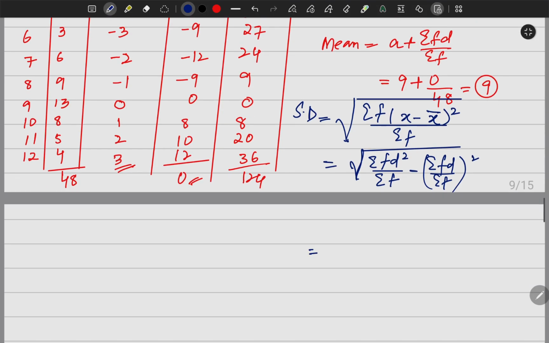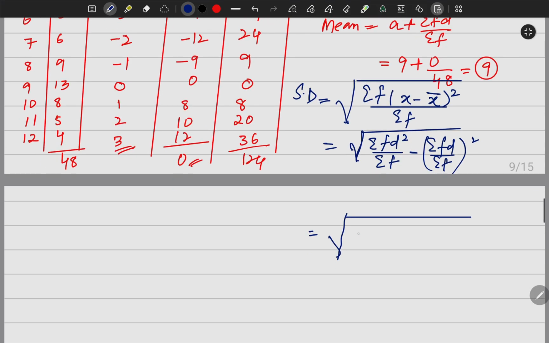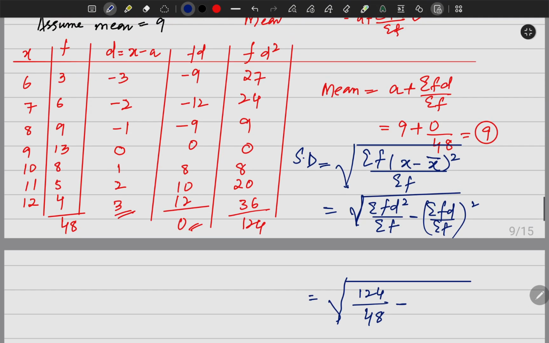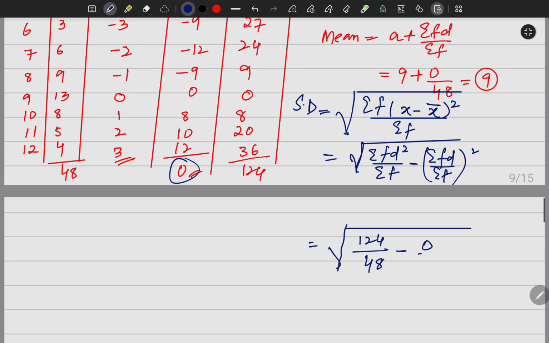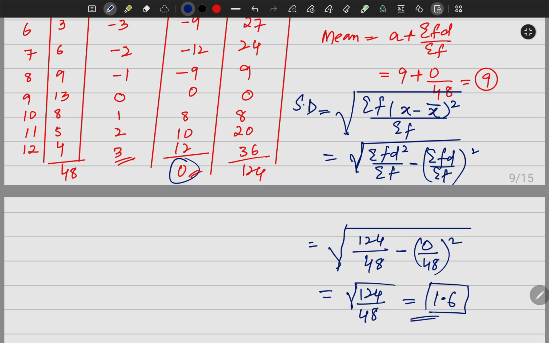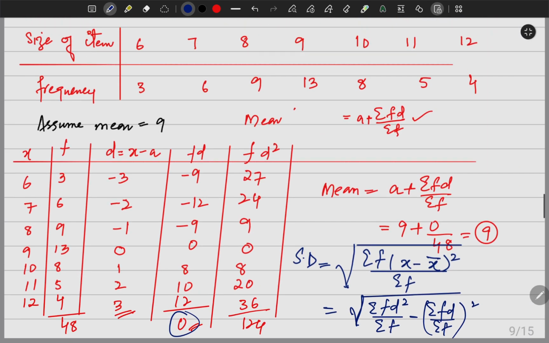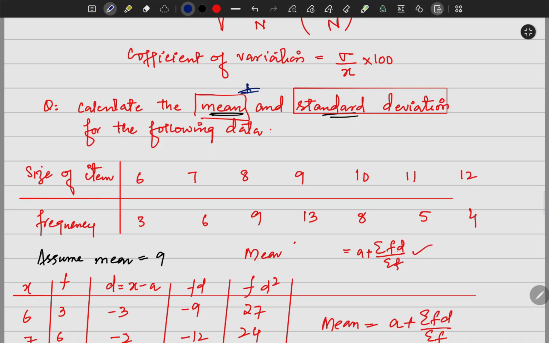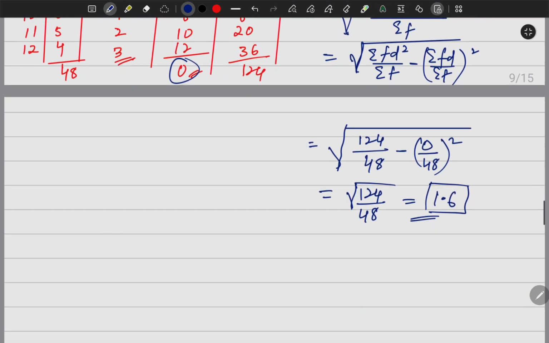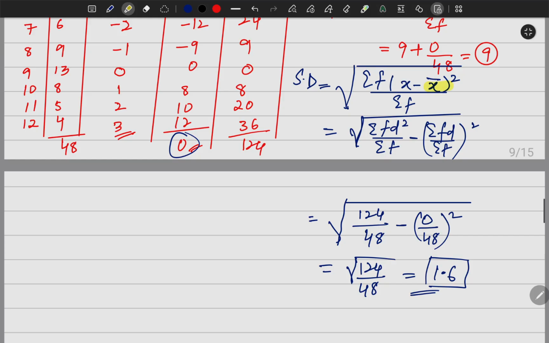Look here: that's 124 divided by summation of f, that is 48, minus summation of f d, which is 0, divided by 48, whole square. So that is square root of 124 divided by 48, and your standard deviation is 1.6. So this is how you find the standard deviation. Please note, it's not the mean deviation here; this is the mean you have to find, and that will be used in the standard deviation.